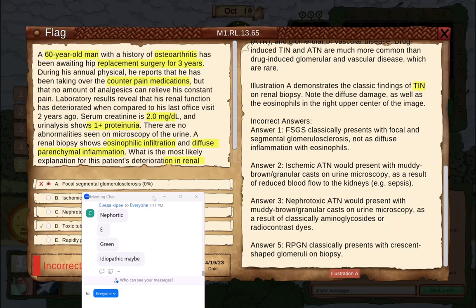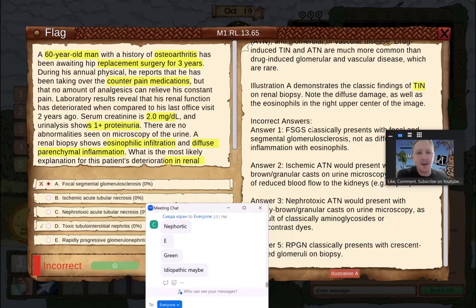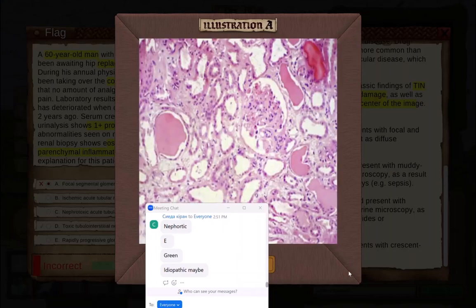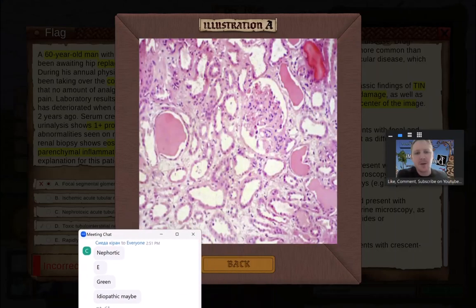All right. So TIN, the answer is diffuse damage as well as eosinophils in the right upper center of the image. So let's see here. Right upper center. So here we go. Here. So the interstitium of the glomerulus, this is the glomerulus here. The parenchymal unit of the kidney is the nephron, and the filtration area, the largest filtration zone, is the glomerulus, which has lots of arterial supply.